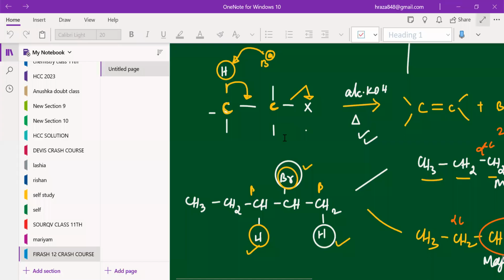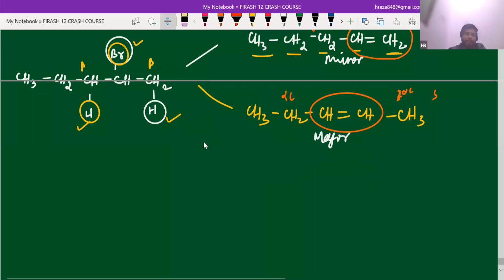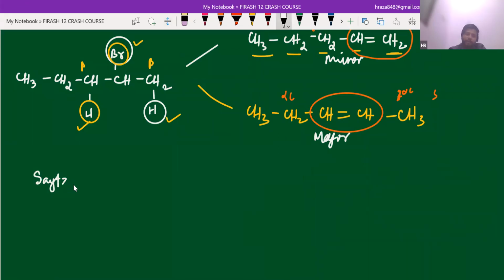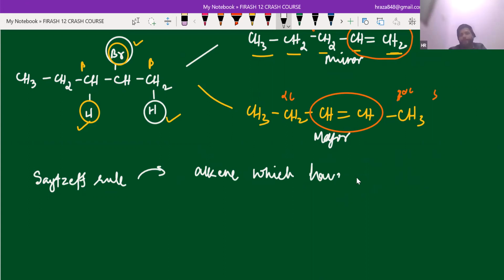Now there is a rule in NCERT for this product especially, that is called Saytzeff rule. What does this Saytzeff rule say? The alkene which has more alkylated part, that means more alkyl groups, is more stable.